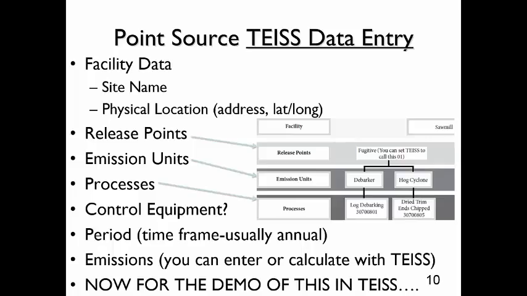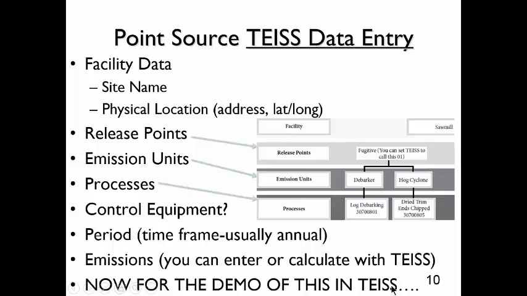I haven't heard of any case where it looked like people really lied on their emissions estimates. I've done this, and usually TEISS comes up with larger emissions estimates, so that's kind of a relief.